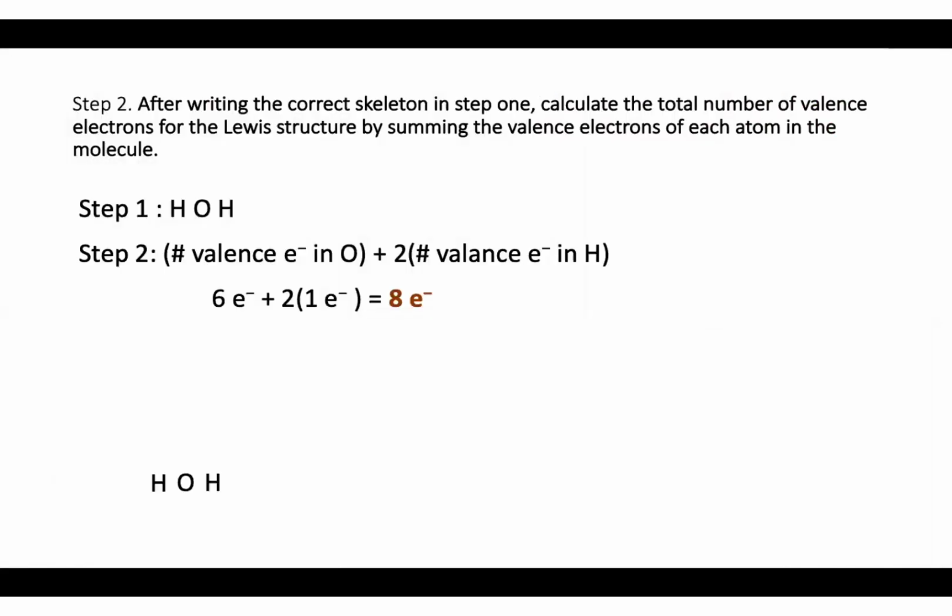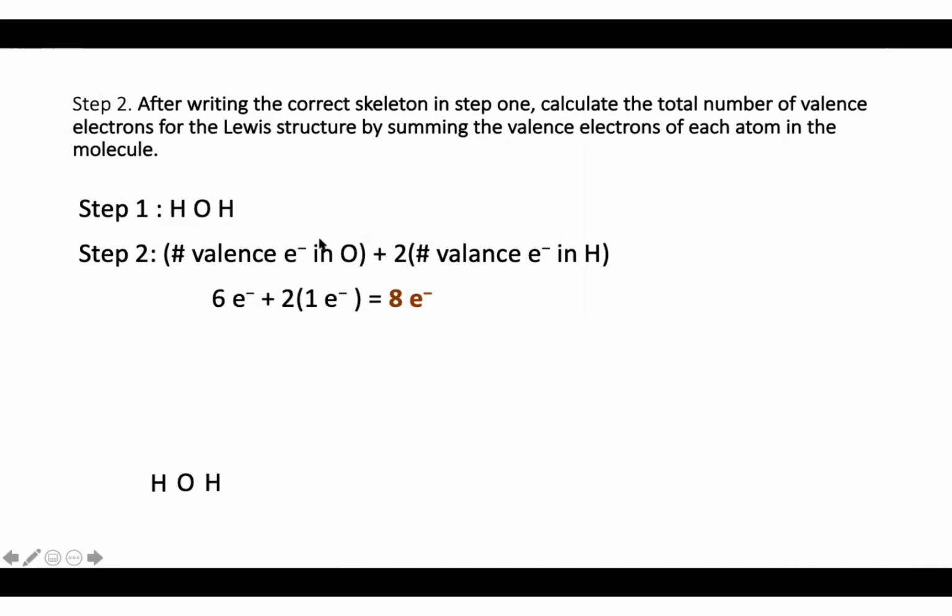So let's draw the Lewis structure for H2O. First I arrange the H2O. Then the second step is to find the total valence electrons for the compound. We add up the valence electrons.